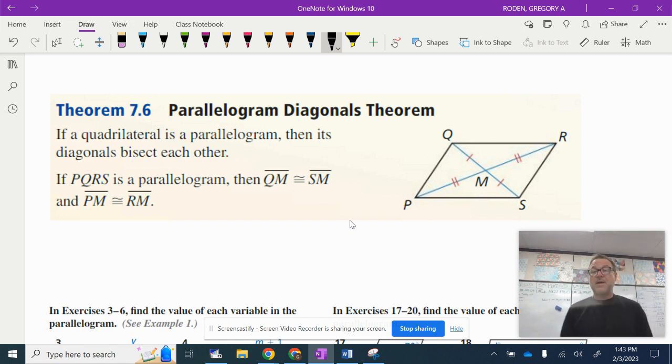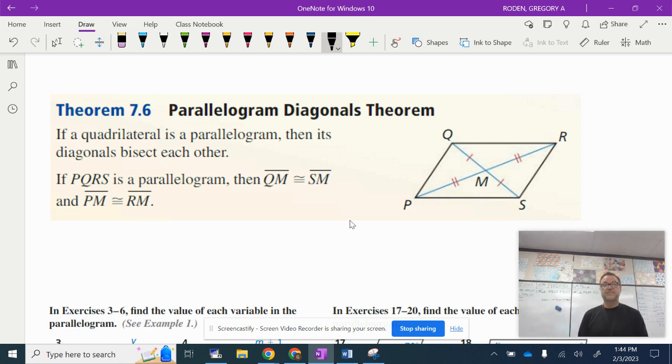So QM and SM are going to be congruent, and PM and RM are going to be congruent. Notice all those little chunks are not congruent to each other. It's just that they bisect each other. So we get two pairs of congruent segments.